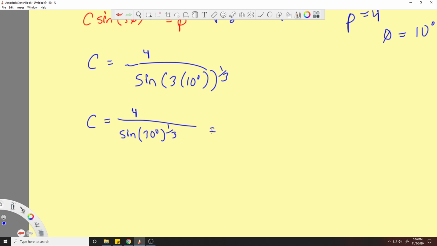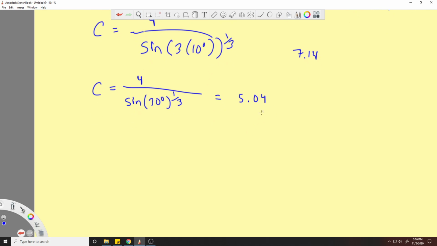And what I get there, I actually don't have this written down. The book was getting something like 7.14, but when I do this math, I'm getting something closer to 5, I'll call it 5.04. If you guys notice I'm doing something wrong, please let me know, but I think this is right.